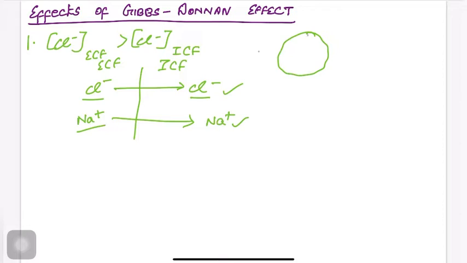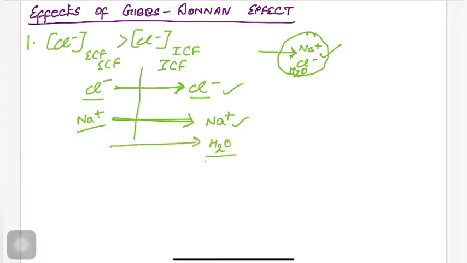As sodium and chloride move into the cell, both are osmotically active. So they drag water in along with them. As long as sodium and chloride move inside, water also moves in.